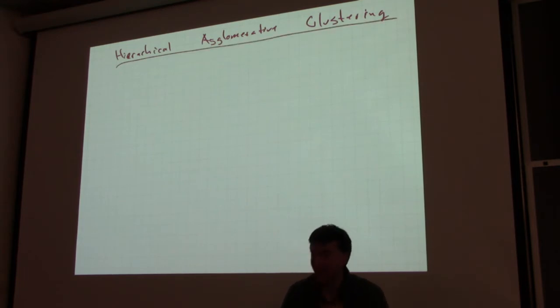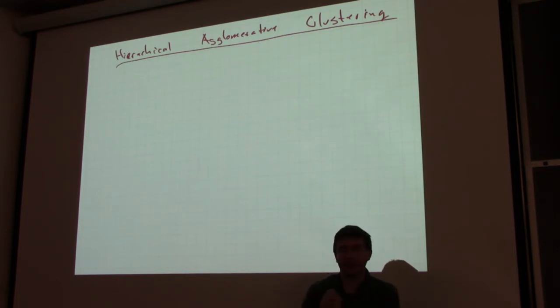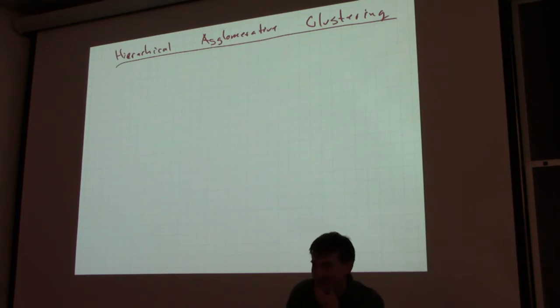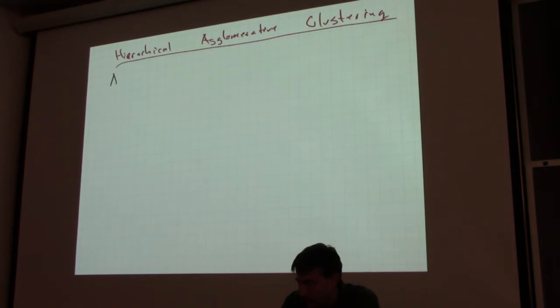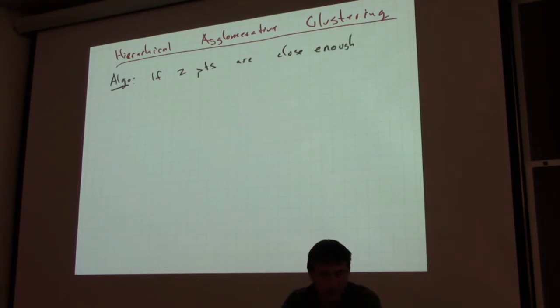So again, this is a very general set of procedures, and I'm first going to describe the algorithm in an extremely general way. The algorithm is just: if two points are close enough, then put them in the same cluster.